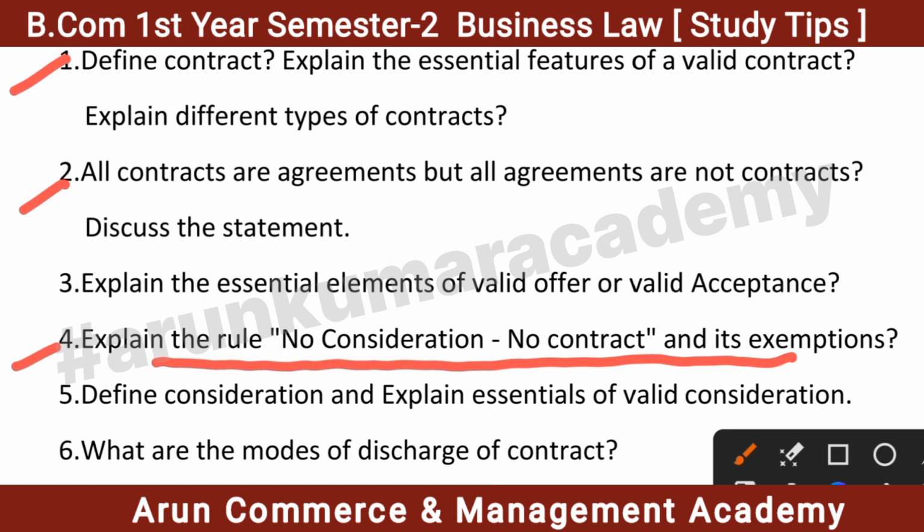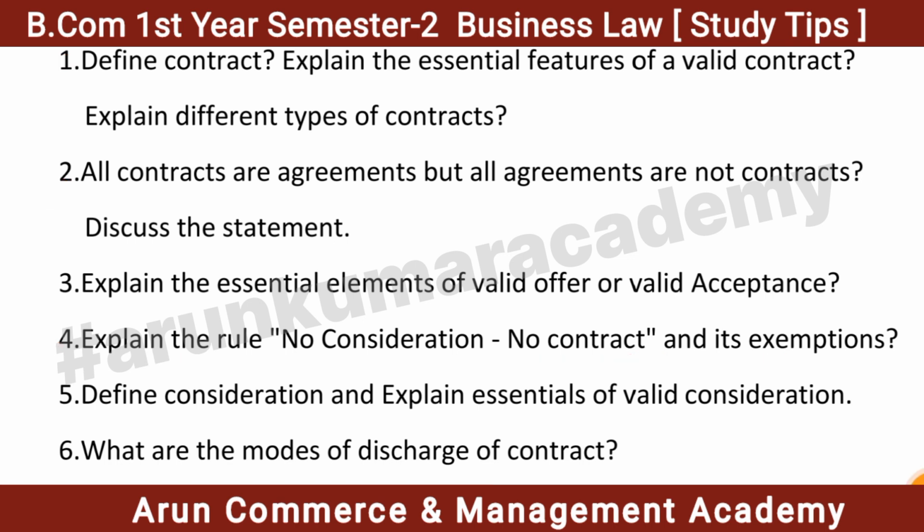So this time I am expecting essentials of valid consideration or some questions related to consideration. When it comes to questions from consideration, there are 2 important questions: no consideration, no contract and its exceptions, then essentials of valid consideration. So please go through the topics related to essentials of valid consideration and no consideration, no contract and its exceptions. These are very important questions from Unit 1.